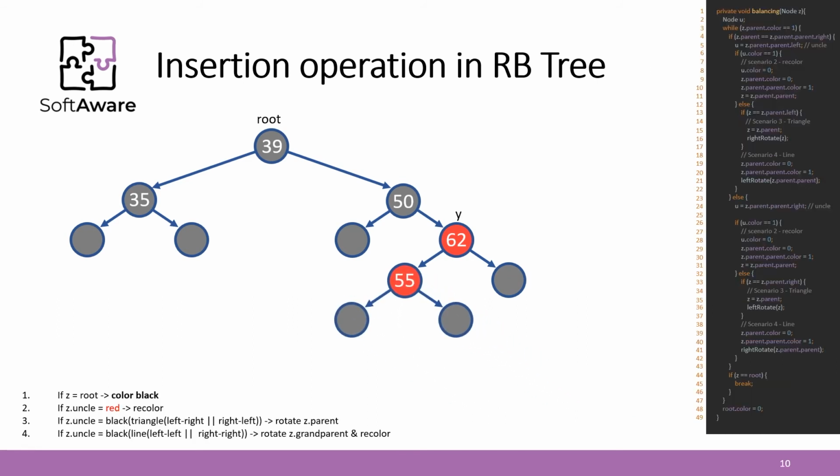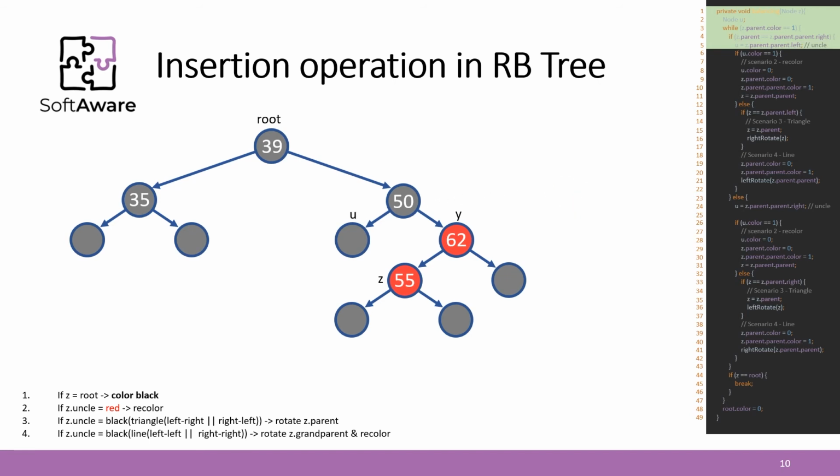So again, we assign our Z value as our last inserted node with key value of 55. Unbalancing occurs at the right subtree because Z's parent is equal to Z's grandparent's right pointer, and that's why our uncle node will be equal to Z's grandparent's left pointer.